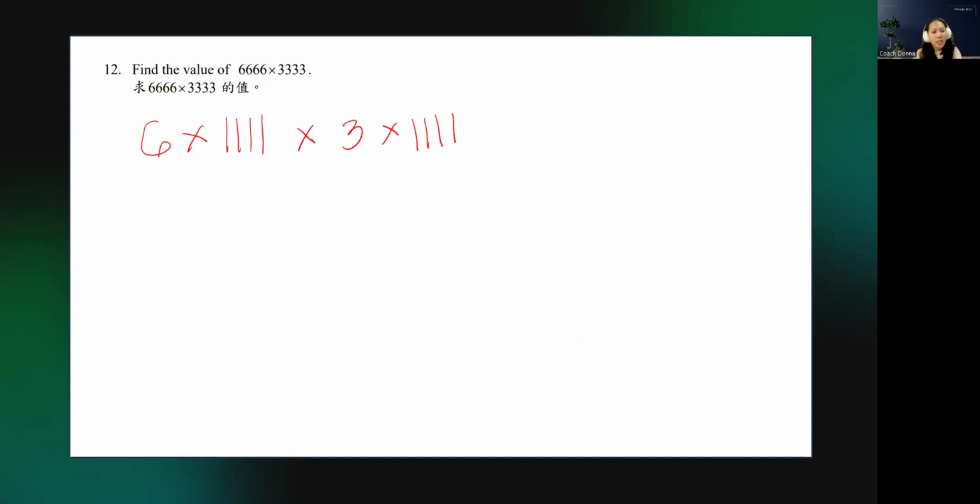So in situations like this, you can actually re-express this 6 times 3 as 6 times 3 is 18, right? But we preferably want to have a number in terms of nines. So this is 2 times 3, right? Copy the times 3 here, then times 1111, multiply it by 1111.